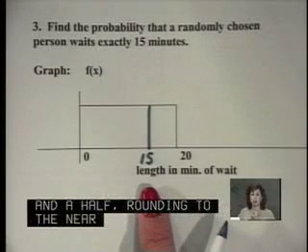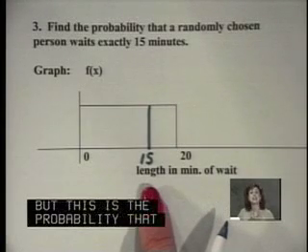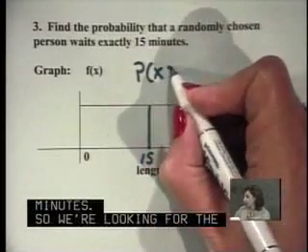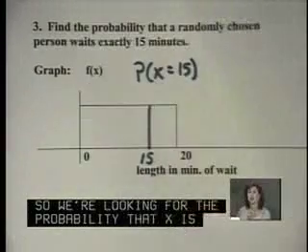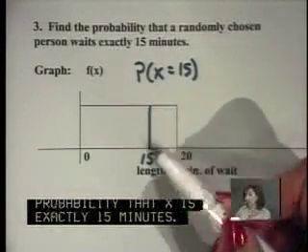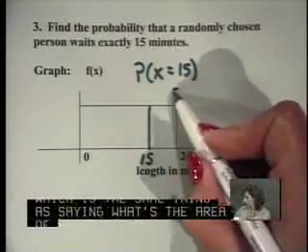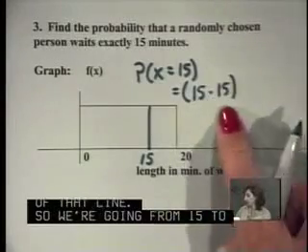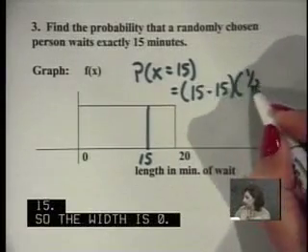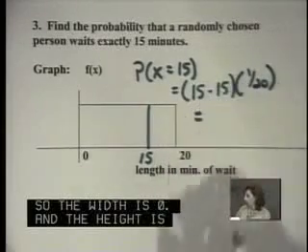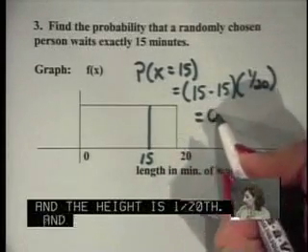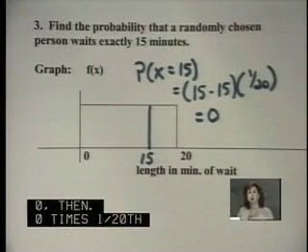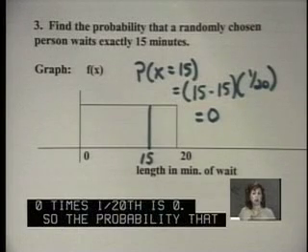But this is the probability that x is exactly 15 minutes, which is the same thing as saying, what's the area of that line? So we're going from 15 to 15. So the width is 0, and the height is 1/20. And 15 minus 15 would be 0 then. 0 times 1/20 is 0. So the probability that x takes on an exact value would just be 0.